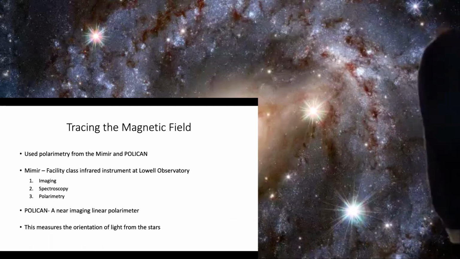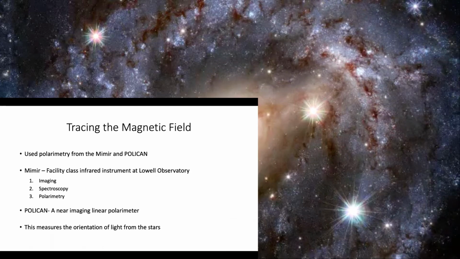What they want to do is find the magnetic field of these balloons. To do that, they use polarimetry from Mimir and PolICan. These are two instruments used for imaging.